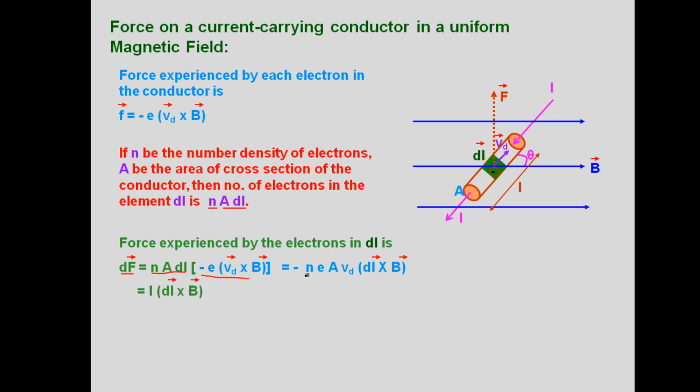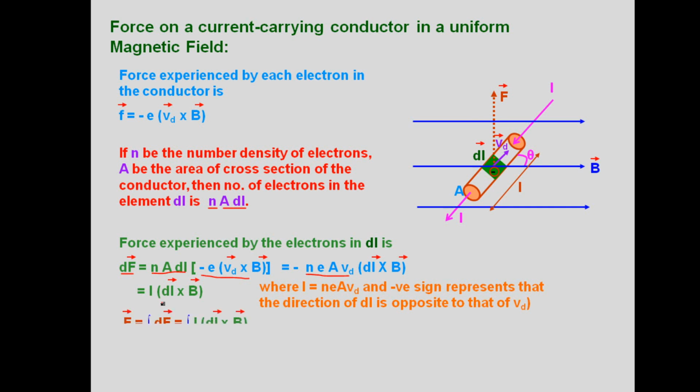We know this neAVd is acting as current, so it is written as I into dl vector cross B vector. I is neAVd and the negative sign represents that the direction of dl is opposite to that of velocity. And to find the total, we have integrated the expression, so the limits will be 0 to L, total length.